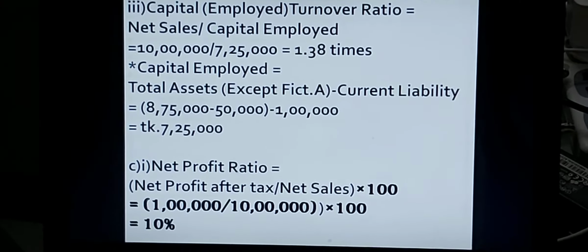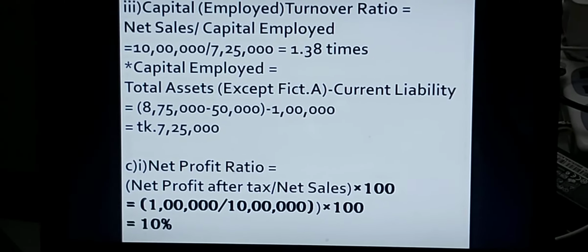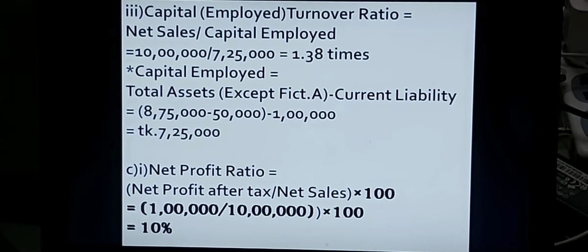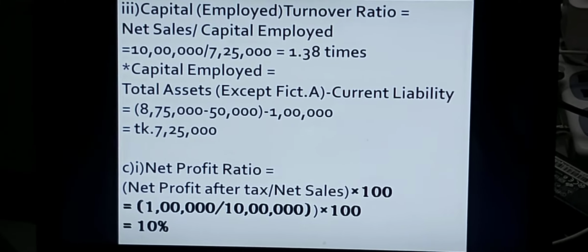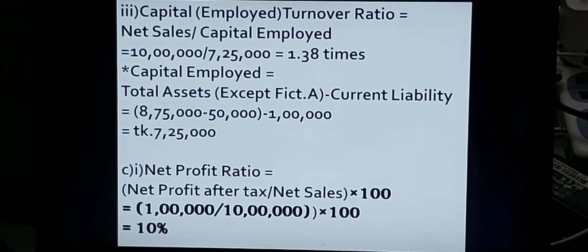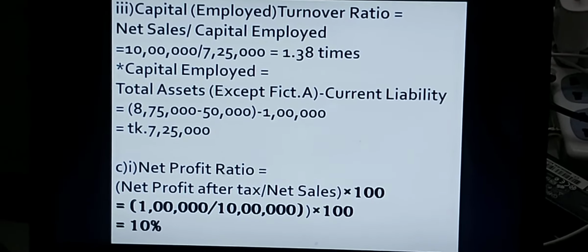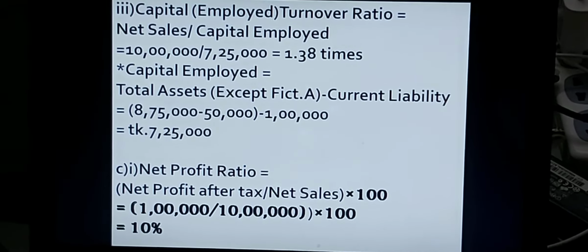In this system, two current liabilities are available, notes payable and accounts payable. Notes payable for taka 20,000 and accounts payable taka 80,000. So total amount of current liabilities is taka 1 lakh. So capital employed is equal to 8,75,000 minus 50,000 minus 1 lakh, which is equal to taka 7,25,000.